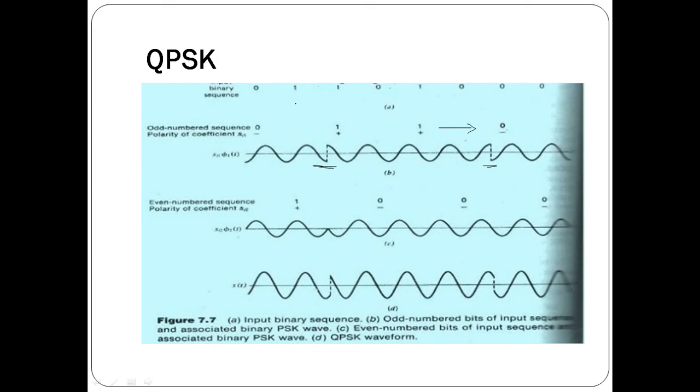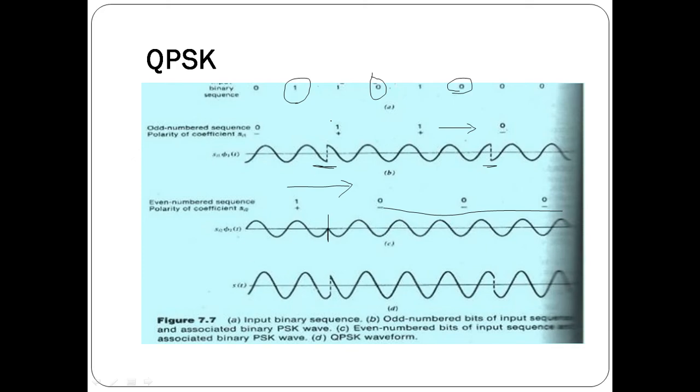If I represent all the even number sequences, this is one waveform. Whenever a 1 to 0 transition comes, there you will come across a phase shift, and for the remaining zeros, no phase shift. So the two combinations will give the X of t, the operation between these two.